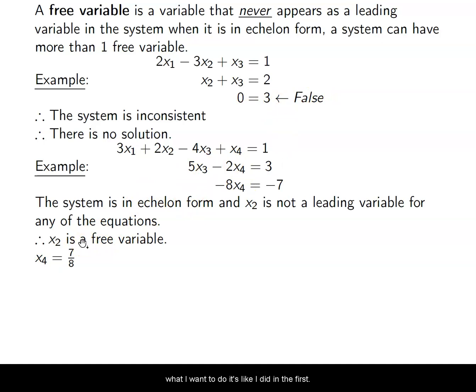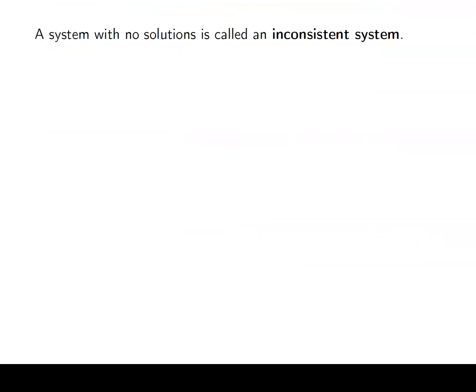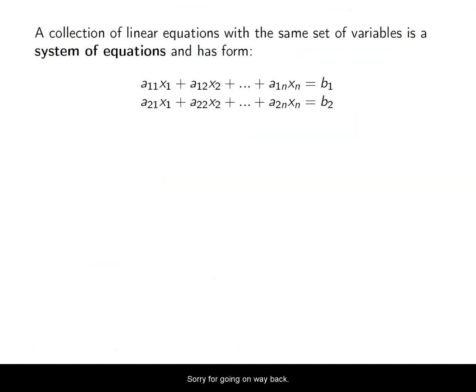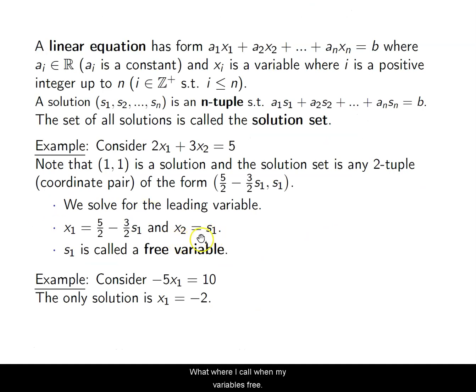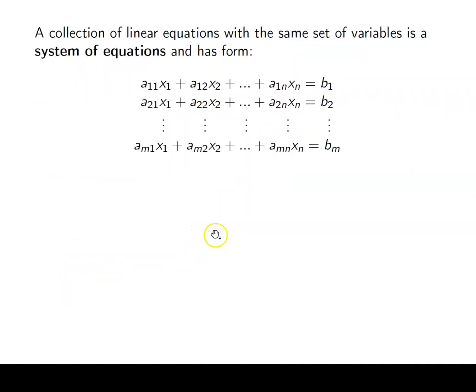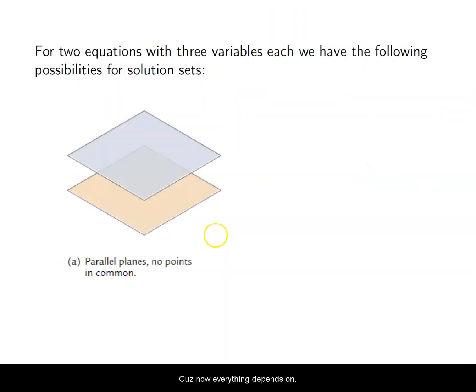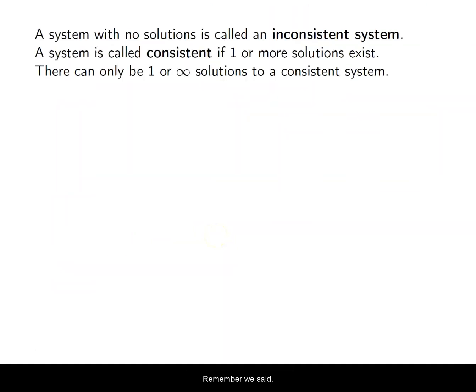So what I want to do is like I did in the first example, where I call one of my variables free, and then the other variables I solve in terms of that free variable, because now everything depends on it. Do you remember what we said?